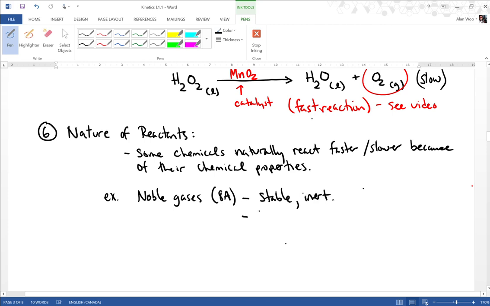Therefore, they react very slowly with other chemicals. Right? Because that's their property.